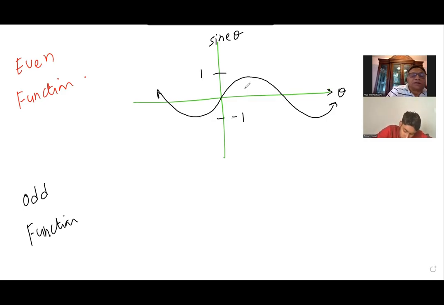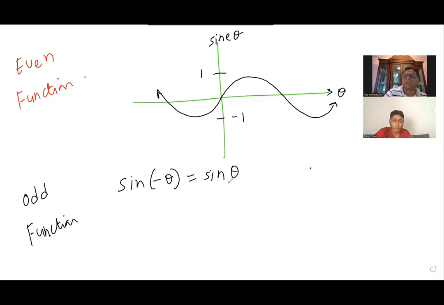So the equation would be sine of minus theta is equal to negative of sine theta, and therefore it is an odd function. Because if you just calculate sine of, let's say, minus 60 degrees, you'll find that this is equal to negative of sine of 60 degrees.